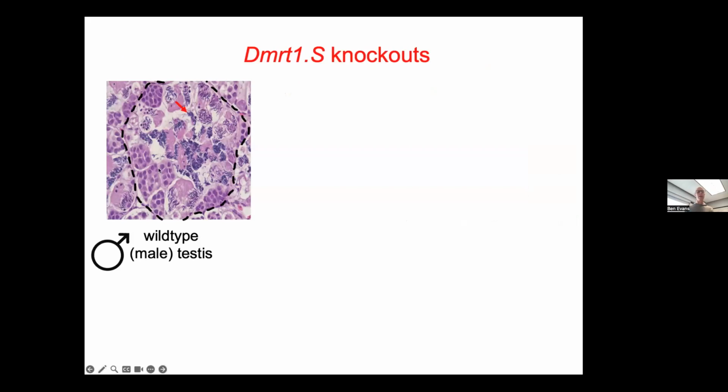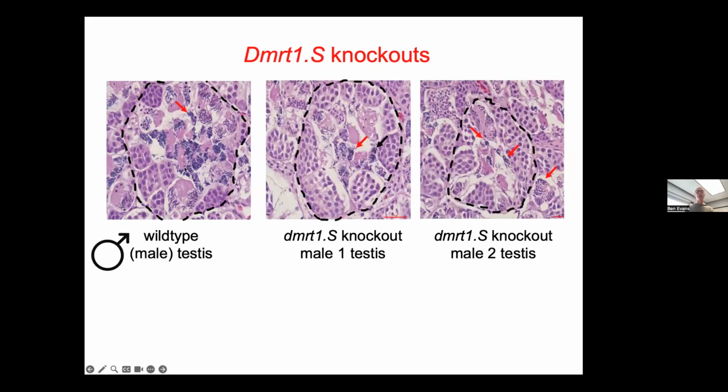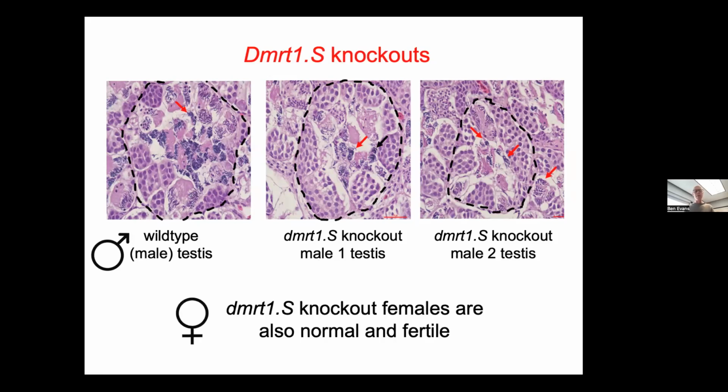Here's another image of a wild-type testis. You can see that when we knock out DMRT1S, they still develop testes that are more or less normal. And we know these male individuals are fertile because we've managed to cross them to wild-type and produce normal offspring. For females, the individuals are also normal and fertile.